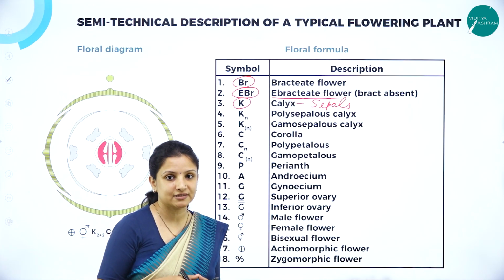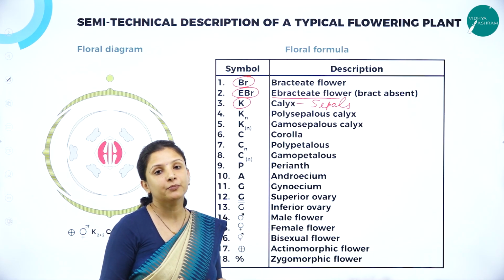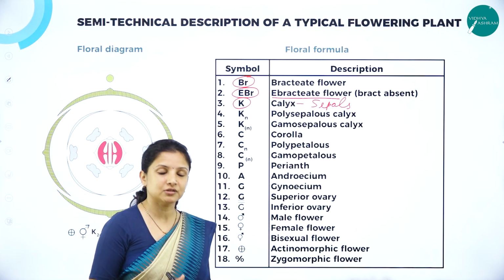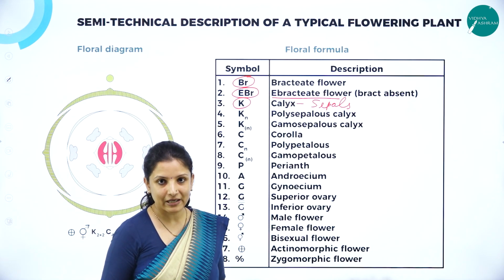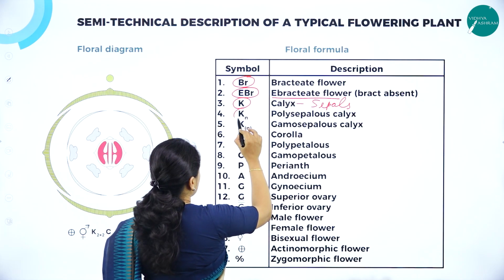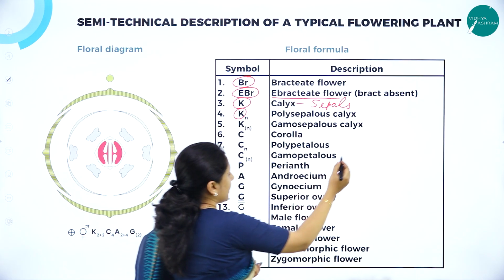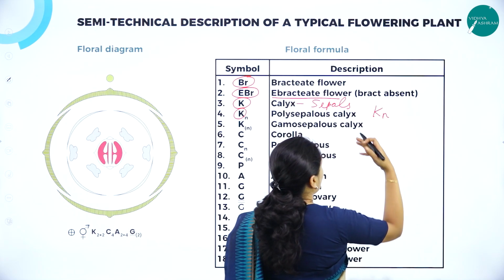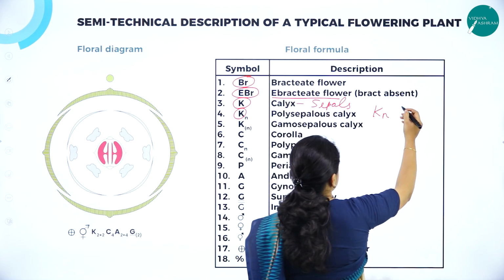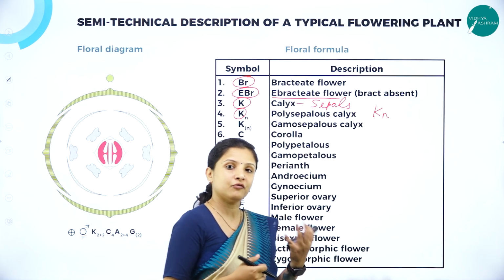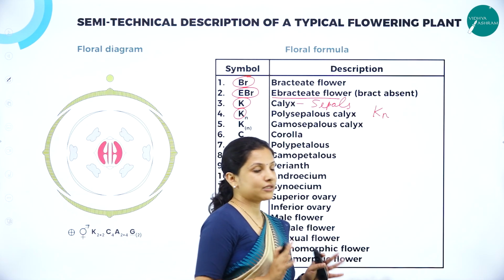If you remember in the previous session, we had taken the example of hibiscus, which was gamosepalous, where the sepals were fused, and rose, which was polysepalous, where the sepals were free. Here again we write the symbol K, and at the bottom we write N, that is how many sepals there are. Typically a flower contains 5 sepals. There can be 4 also, but usually it is 5.